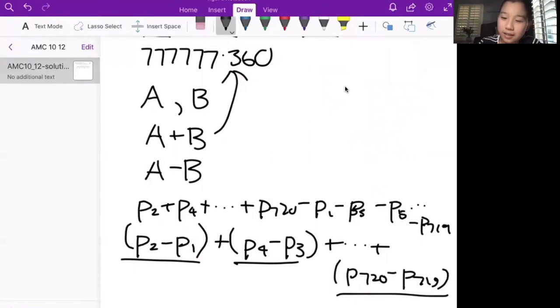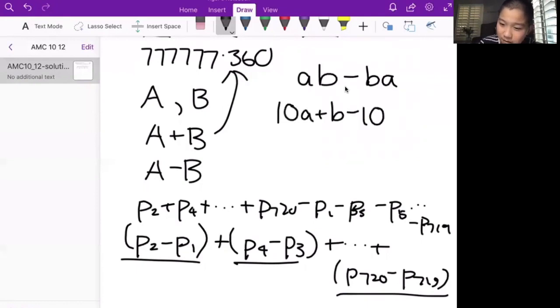So let's now just do it in variables. Suppose A, B are digits. We want to find AB minus BA, the two-digit number AB minus the two-digit number BA. We can write this as 10A plus B minus 10B plus A. That's equal to 9A minus 9B.